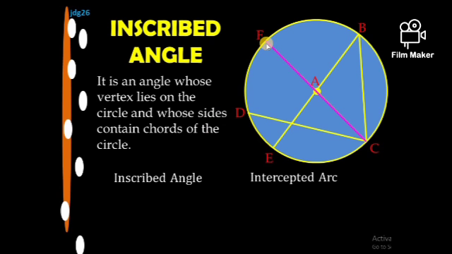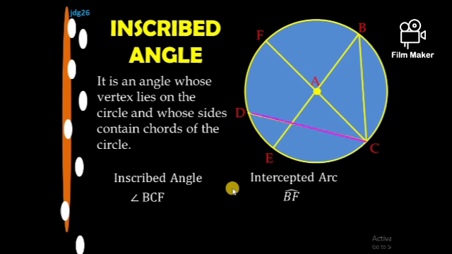So, let's have the first angle. Okay, so we have this one. And this is angle BCF. And the intercepted arc is arc BF or arc FB. Another inscribed angle in the figure is this one.